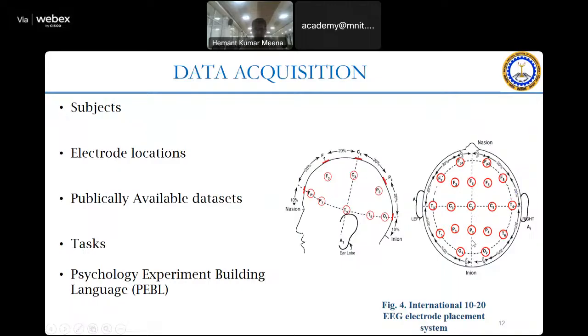These are basically the points where your electrode cap is placed. Depending on whether it is 32 point, 64 point, or 128 point, you can take different ones. In Sunday's lecture, we will try to demonstrate this with one industry person.